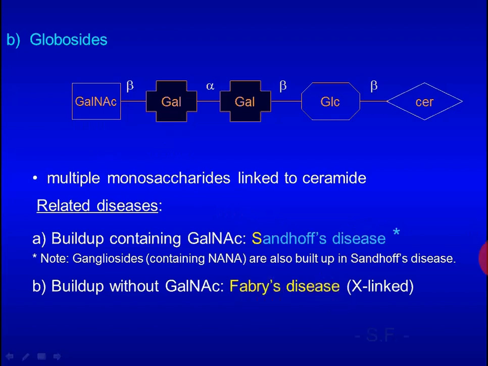Here, a mnemonic SF may help you put these two diseases together. SF is the abbreviation for the city, San Francisco. Here, S represents Sandhoff's disease. F represents Fabry's disease.